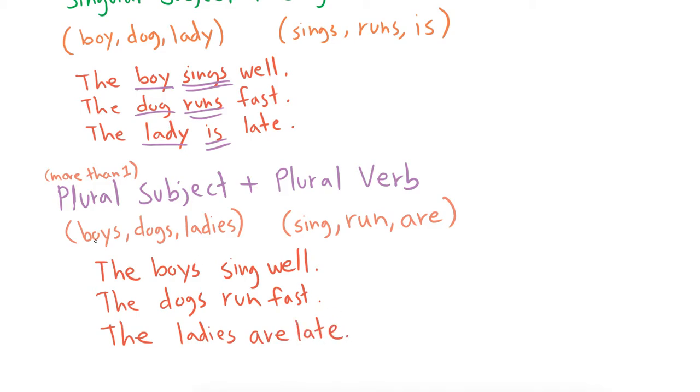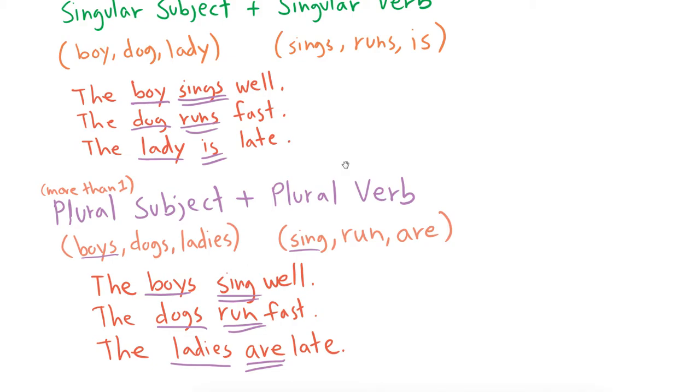Okay, so I matched up my plural subject with a plural verb. Plural subject dogs matches with my plural verb run. The plural ladies matches with my plural verb are.